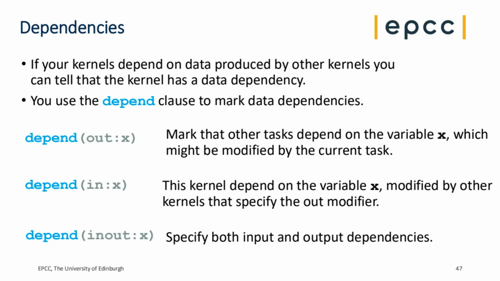Maybe if you're having kernels that are running in some kind of pipeline, and you have a kernel in the middle on a particular variable, that would then have an in and an out dependency: an in on the kernel that's executing before, and an out on the kernel that's going to execute after.